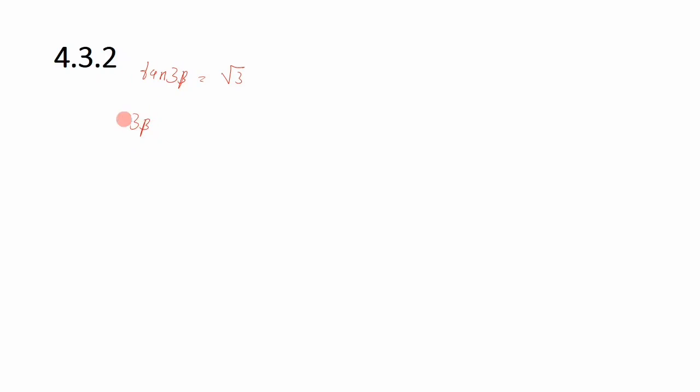So you'll only be left with 3 beta here, and then take this tan to that other side, and then that becomes inverse of tan and then root 3. This is 3 beta. When you punch all this in your calculator, it will give you 60 degrees, right? Then divide by 3 both sides, divide by 3, your beta should be equal to 20 degrees.